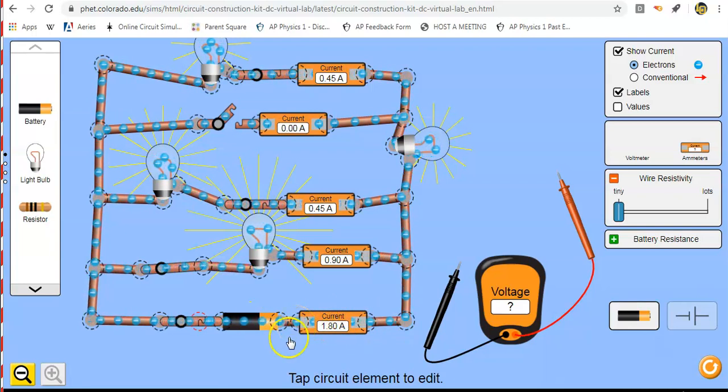And a coulomb, if you remember, is about 6.25 billion billion electrons. We came up with that because the charge of an electron is 1.6 times 10 to the negative 19 coulombs. So if we take this 1.8 amps, that's coulombs per second, we can convert the coulombs into number of electrons and figure out how many electrons are going by every second.